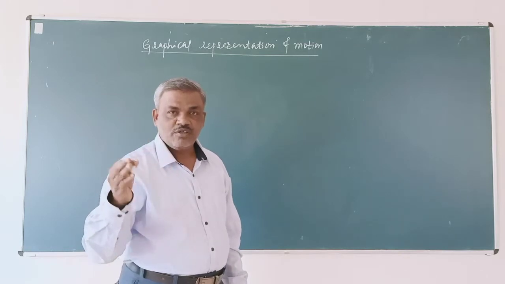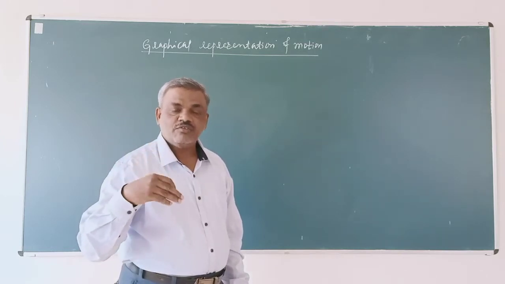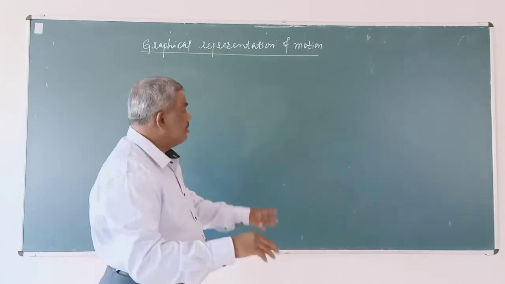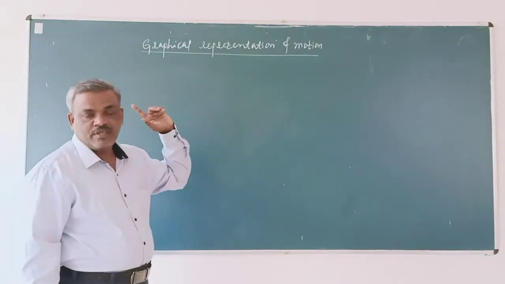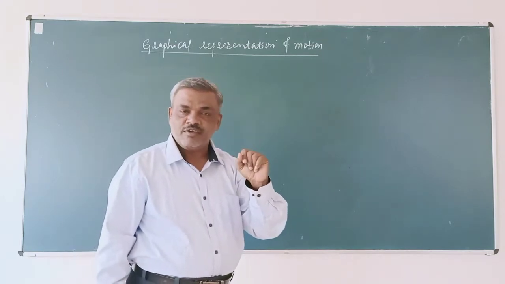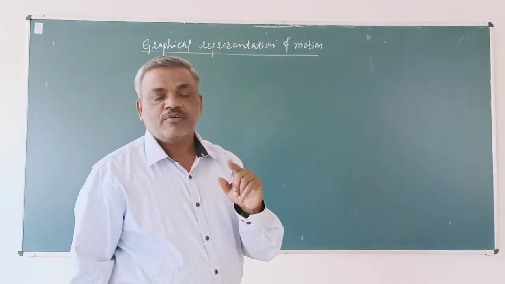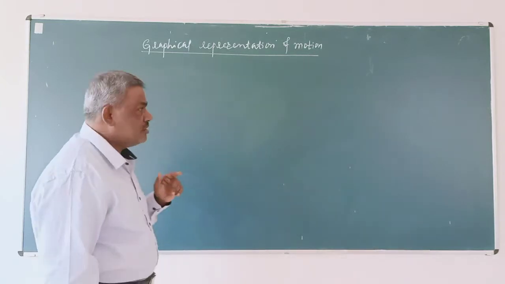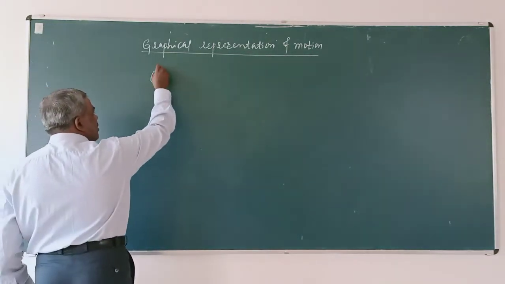So position, velocity, and acceleration vary with time, and these variations can be shown graphically. There are three important graphs: the position time graph, the velocity time graph, and the acceleration time graph. Now the first graph is the position time graph.